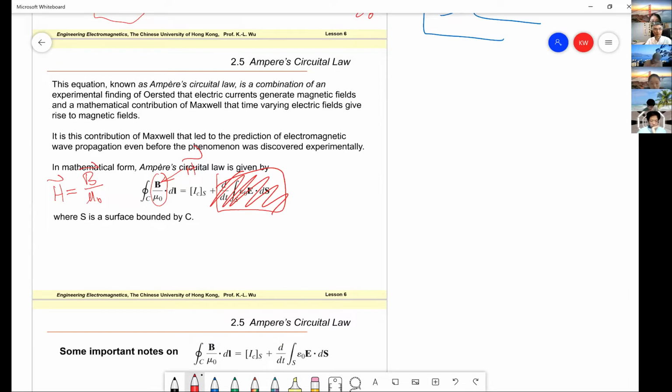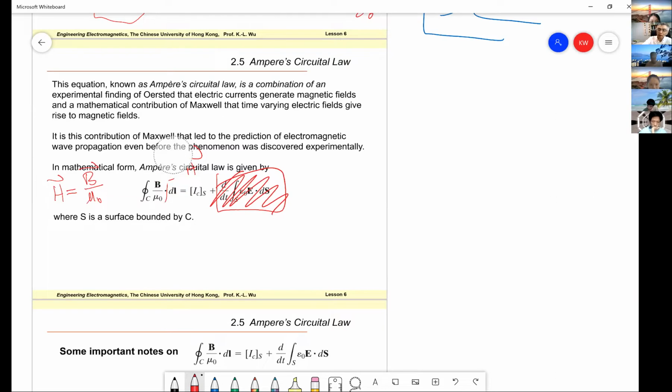Also, this quantity has nothing to do with the material around it.